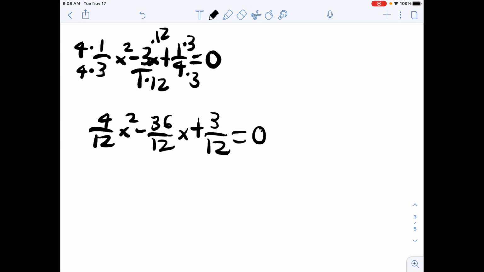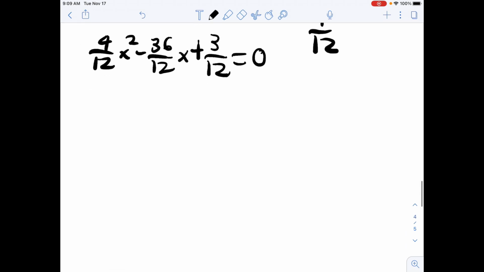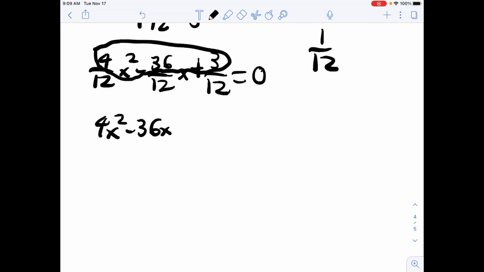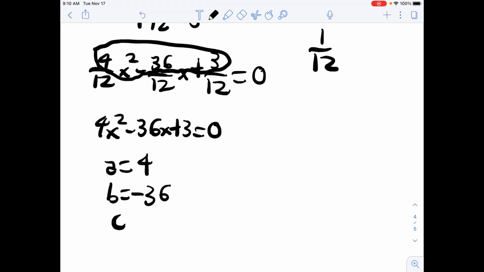And now we notice that all of these have a common factor of 1/12. So we can just remove that so that we get just these top numbers. So that turns out to be 4x squared minus 36x plus 3 equals 0. And then from here, we'd find the values of a, b, and c, which a is 4, b is negative 36, and c is 3, and then use the quadratic formula to solve for x.